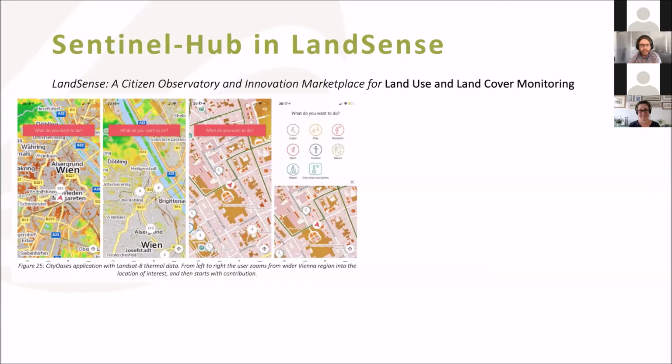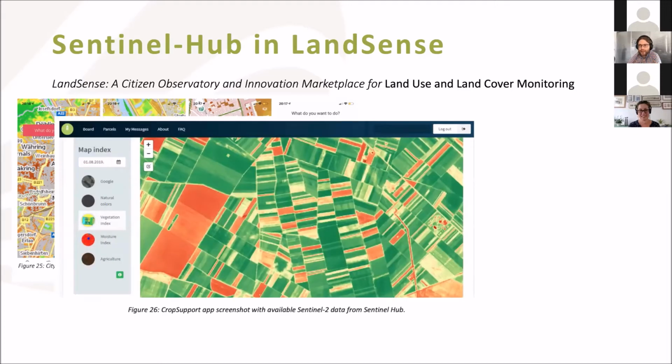For instance, in the City Oasis application, in the first picture, I'm not sure whether you'll be able to discern it, but there is Landsat 8 thermal data displayed on top of the data that has been collected by the users. In the Crop Support application, which is focused on the agricultural use case, the maps shown are also coming from Sentinel Hub services.